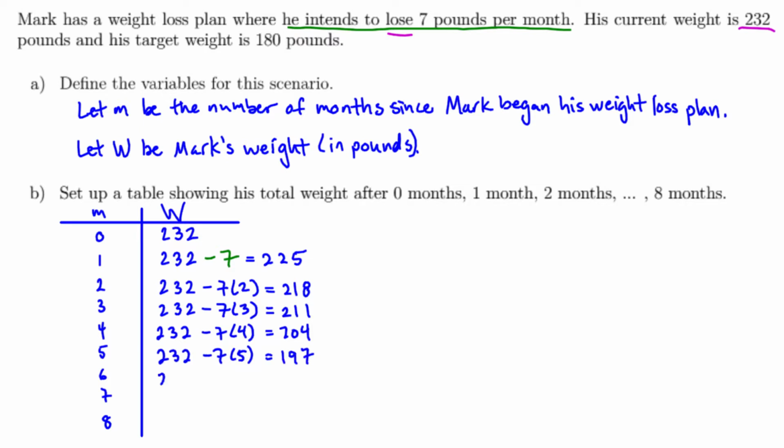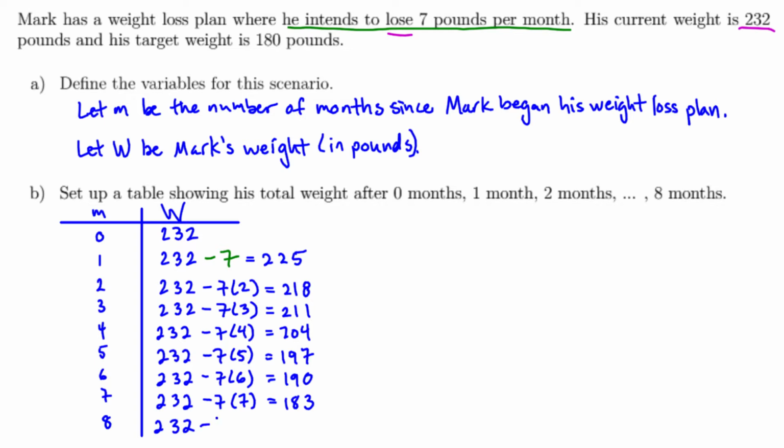For month 6, we'll have 232 minus 7 times 6, that will give us 190, and we can see here that we're getting close to his goal weight. We're not quite there, and it probably won't happen exactly on one of these months. So for month 7, we'll have 232 minus 7 times 7, and that will give us 183. And for that 8th month, we're going to cross that 180 threshold.